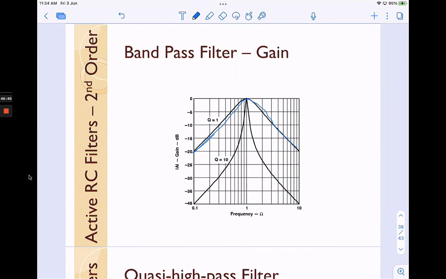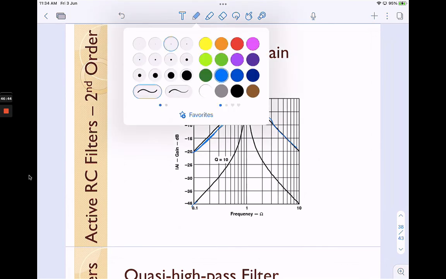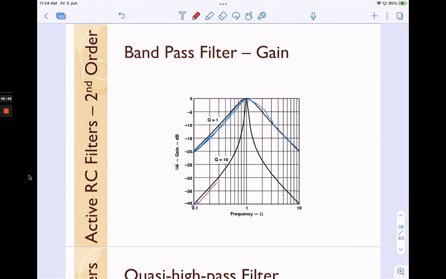So we have a low value of Q compared with a high value of Q. Here we have Q equal to 10. So you can see the narrowness of the pass band of the bandpass filter. Yeah, it depends on Q.